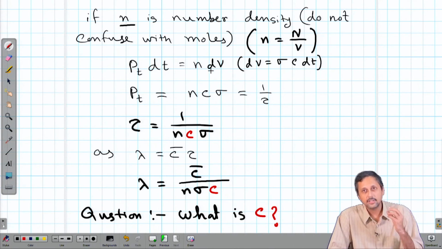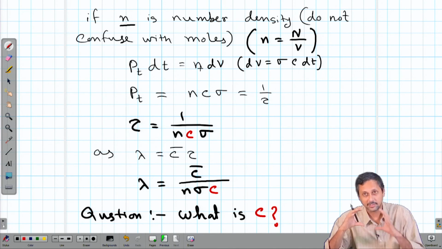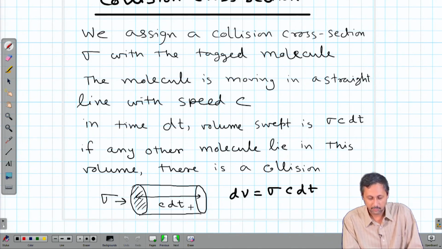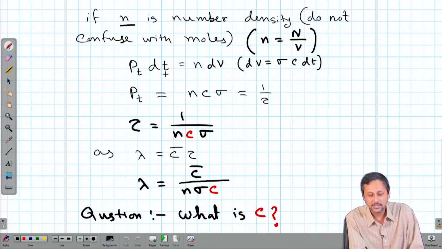So, how many collisions in this small time interval? That is exactly sigma c dt times n. That is the number of other particles present in this volume, which is covered in the small time interval dt by this one molecule we are talking about. And this is nothing but Pt dt.